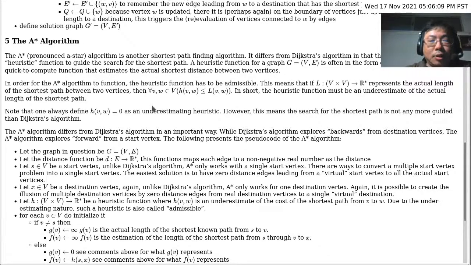All right, so the next paragraph here talks about something that we just talked about. We can define h of v, w to be just 0 for every combination of v and w. In other words, the heuristic function is not informing you of anything. Okay, it's basically useless.